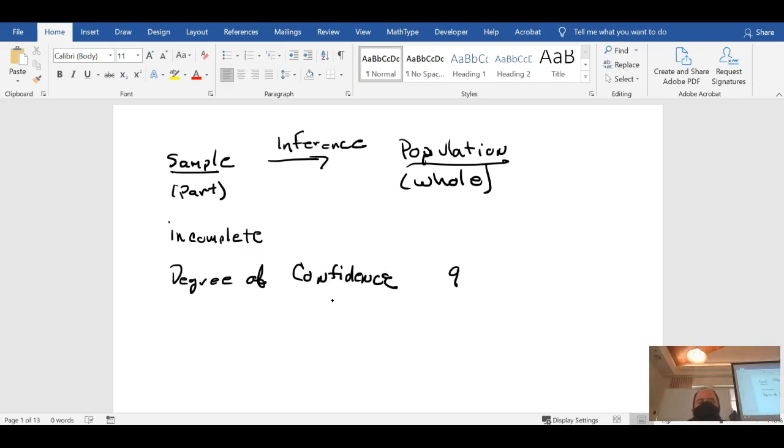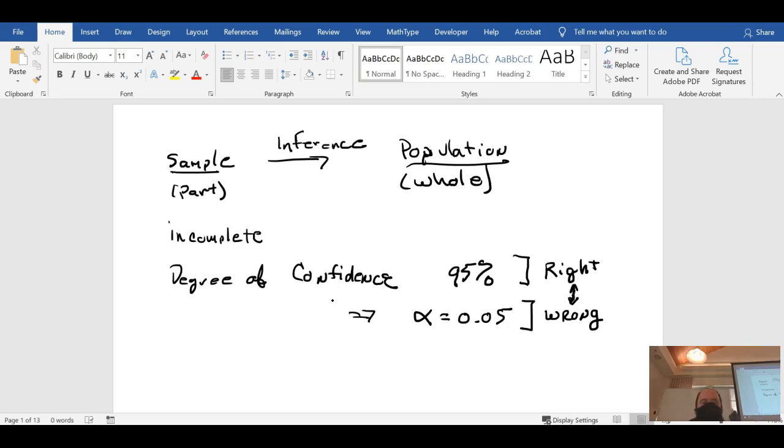So we've said that you could create a 95% confidence interval, which we said was the same as doing a hypothesis test with alpha at 0.05, right? So this alpha is the probability that I'm wrong in a particular way, and this is the probability that I am right. These two things are interchangeable.